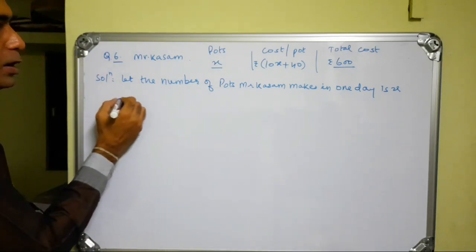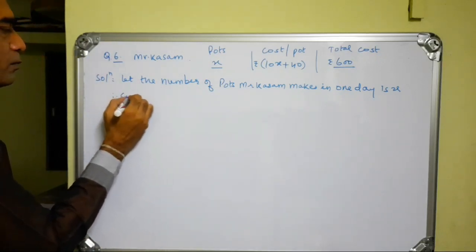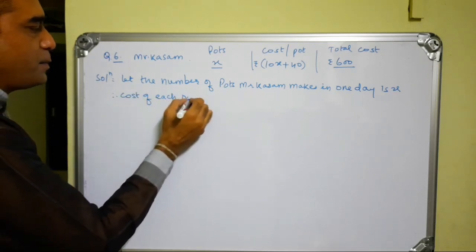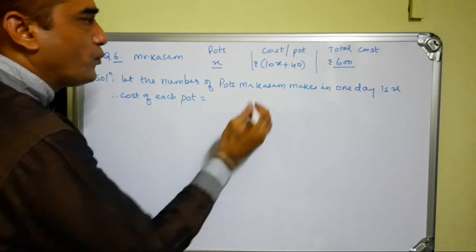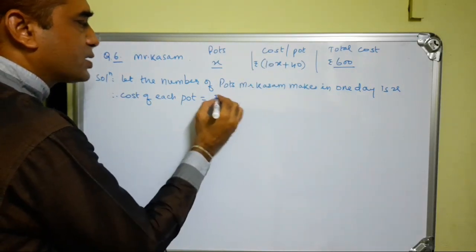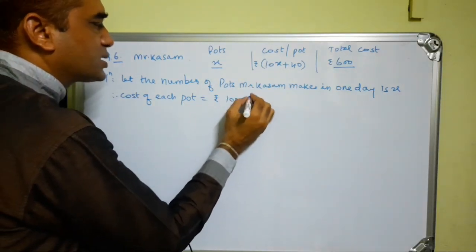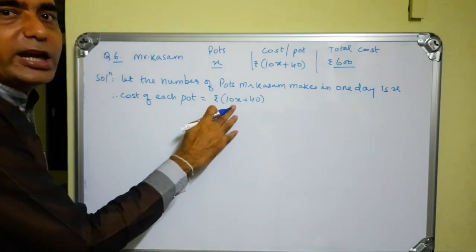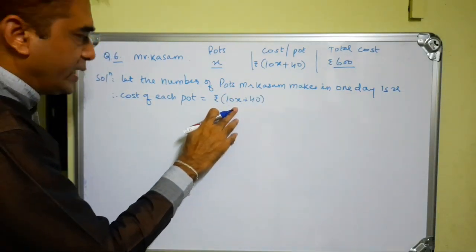So therefore the cost of each pot, one pot, equals rupees 10x plus 40, that is 40 rupees more than 10 times the number of pots in one day.